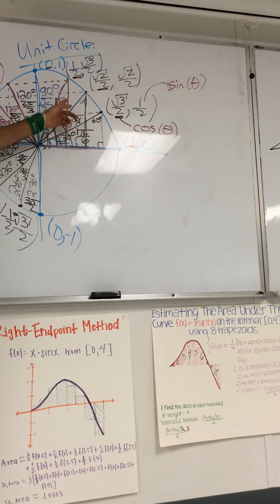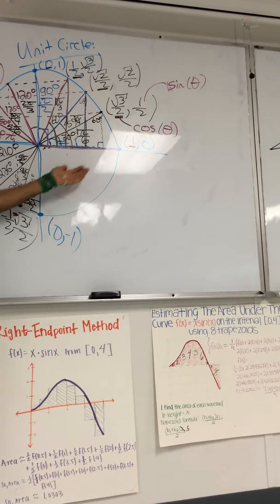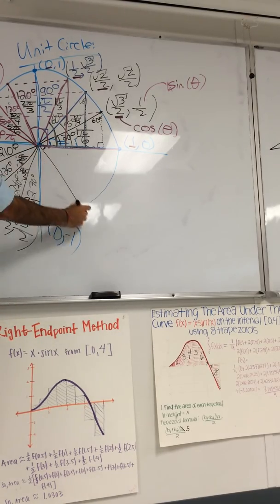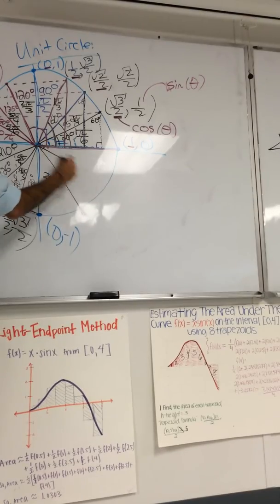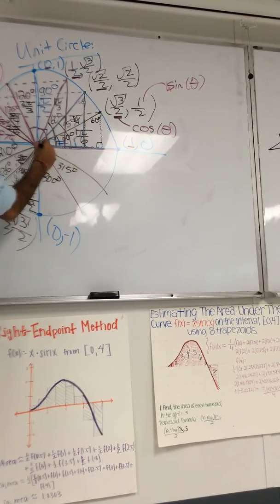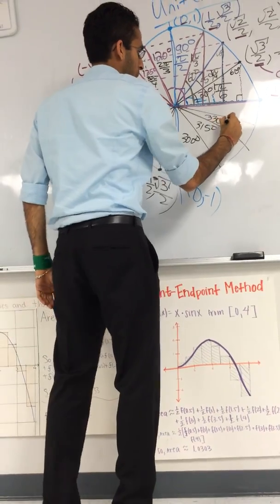Pi over 6, pi over 4, pi over 3, pi over 2. Now you guys can finish this off on your own. Basically it's going to be 300 degrees, 315, and 330.